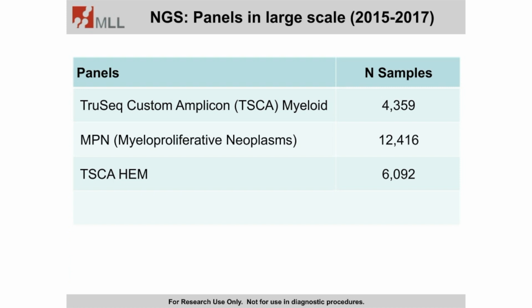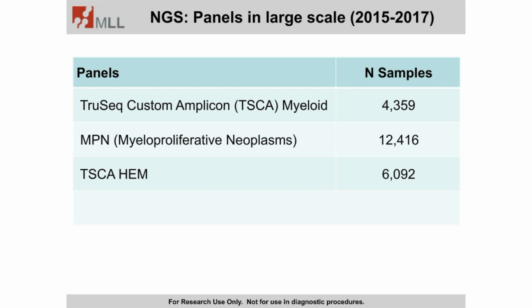Now, let's look at the numbers we did using different panels in the last 2 years. Before we had this heme panel in the third row, we used a myeloid panel with only 26 myeloid genes. We applied this more than 4,000 times. The second panel only includes 3 genes for myeloproliferative neoplasms.